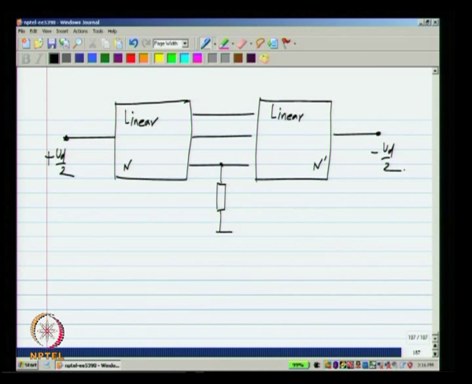What happens in this case? Because it is linear, I can apply superposition. First of all, I have only, let us say, plus Vd by 2 and 0 on this side. I will have some voltages, Vx, Vy, Vz along the nodes of the line of symmetry.